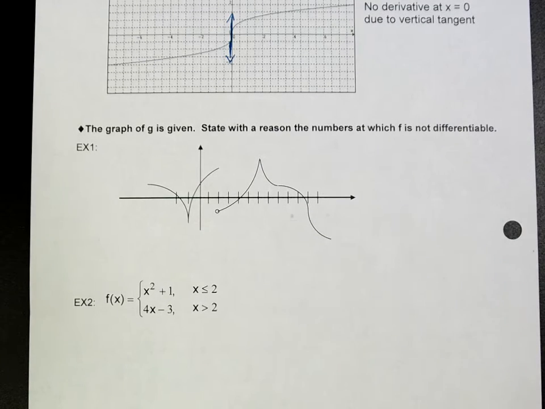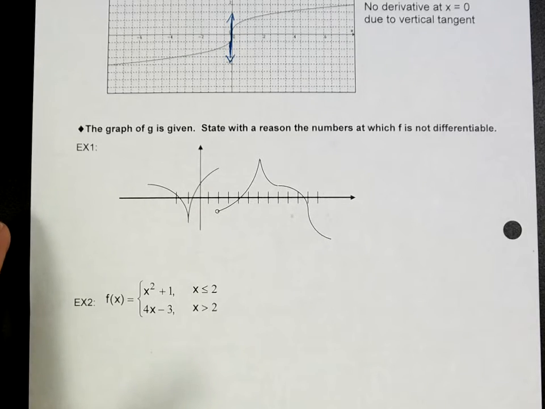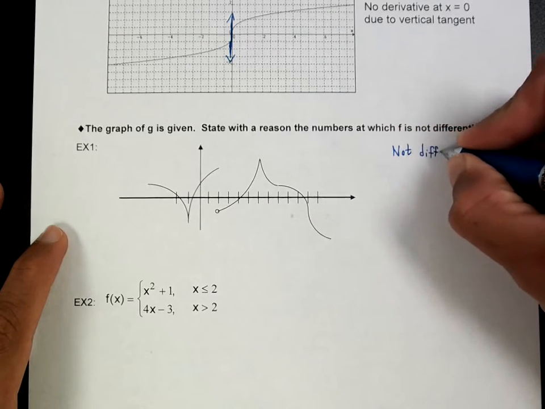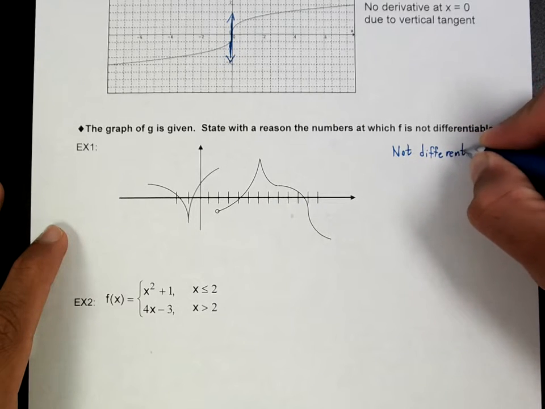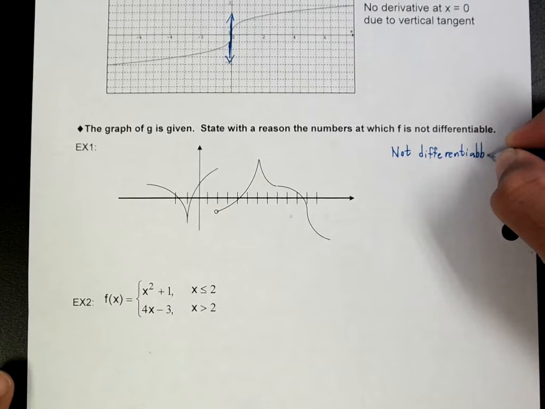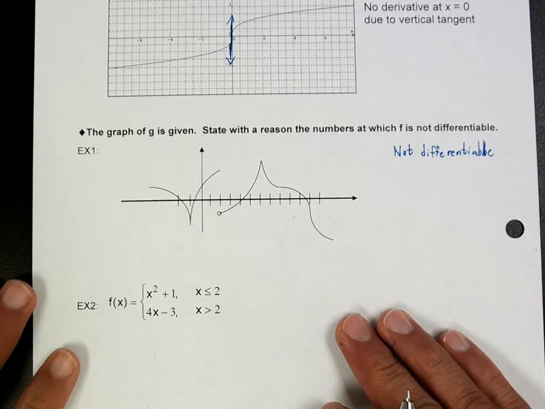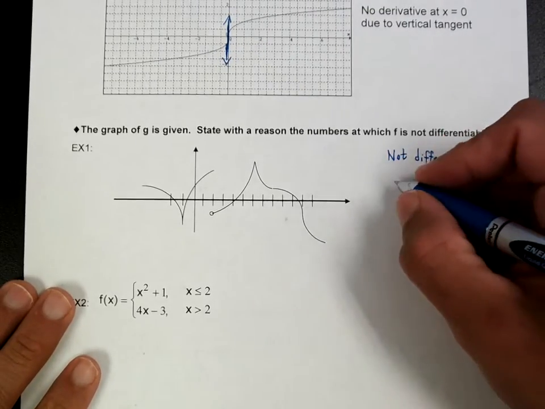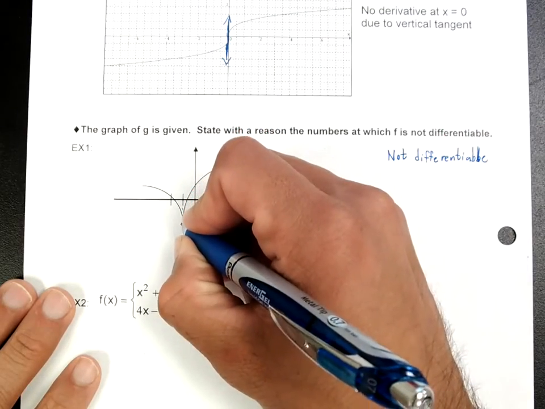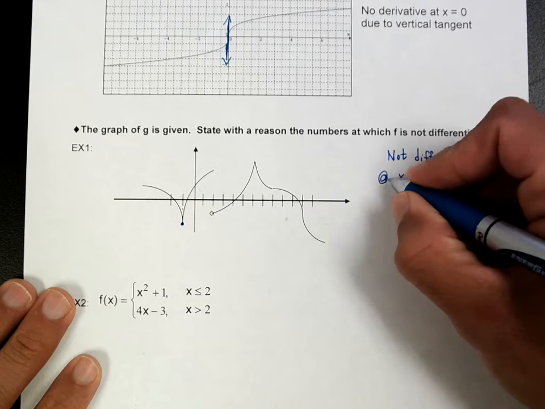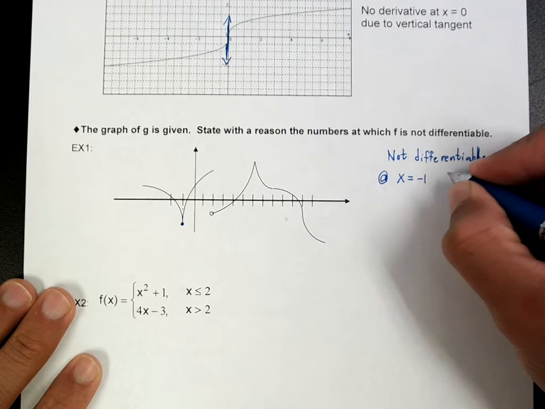If we have the graph G on this one, you have to tell me why this is not differentiable and at which point. Let's talk about what's not differentiable. At x equals -1, right here, because we have a sharp point, we can say it is not differentiable at x equals -1 because there's a cusp.